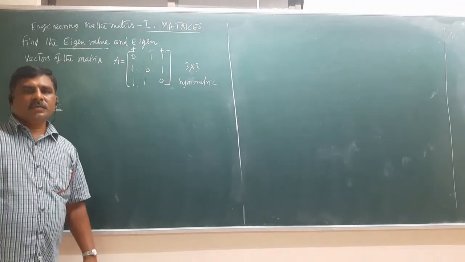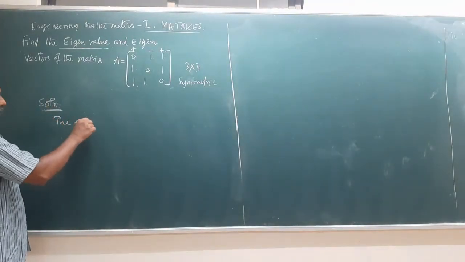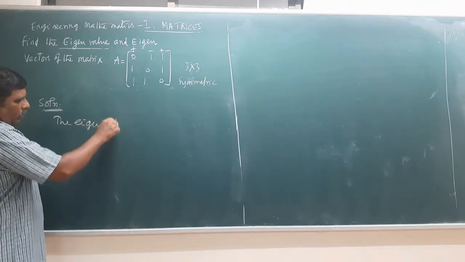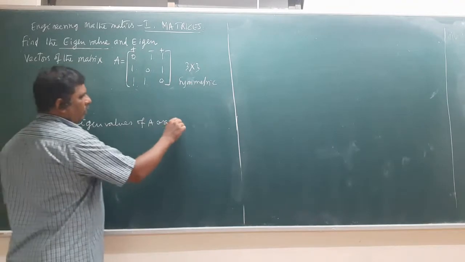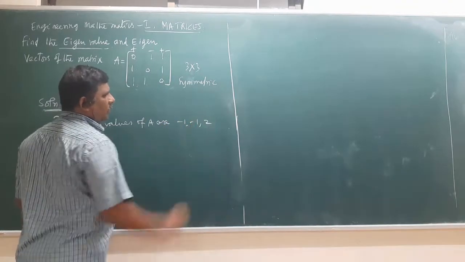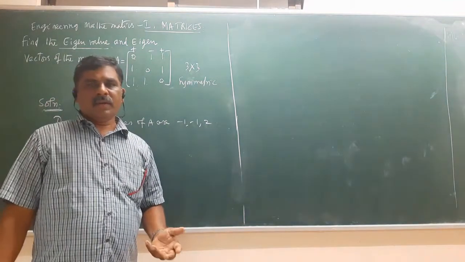What are the eigenvalues of A? Just now we found that the eigenvalues of A are minus 1, 2. Next we are going to find the eigenvectors.